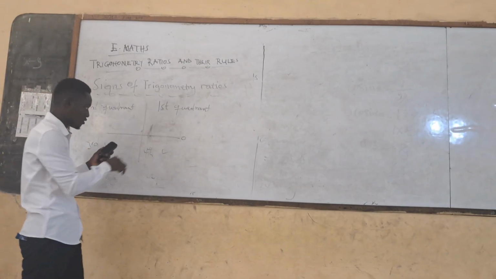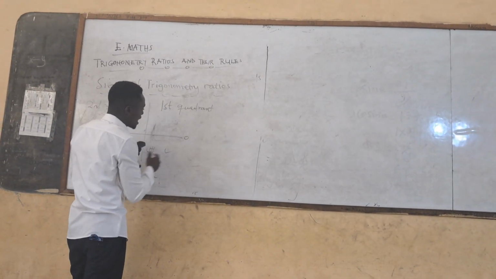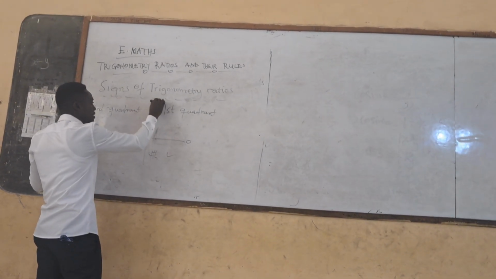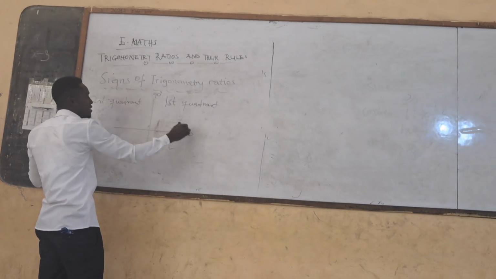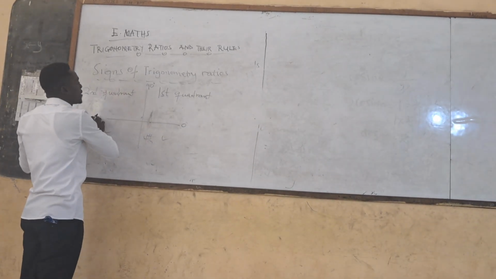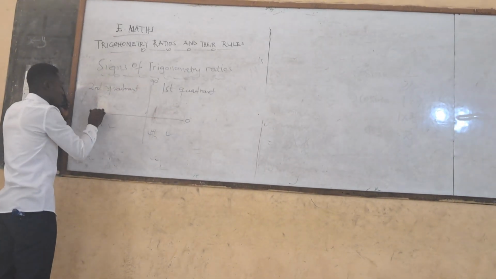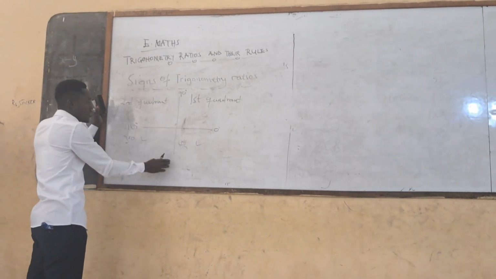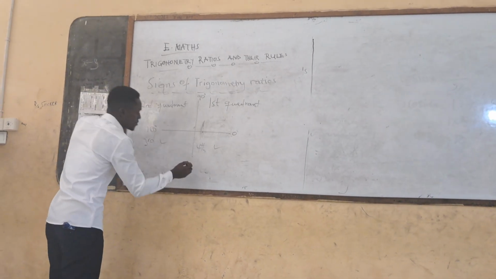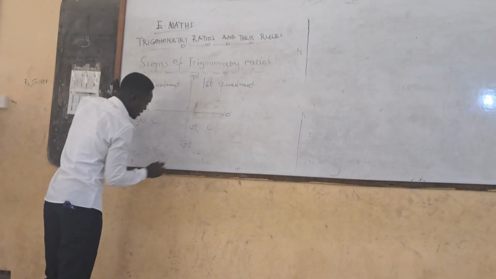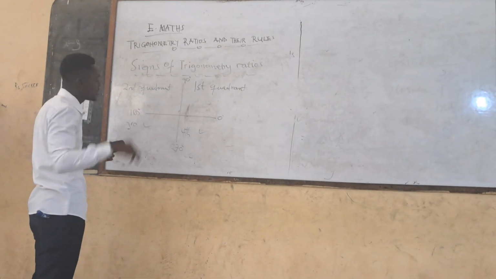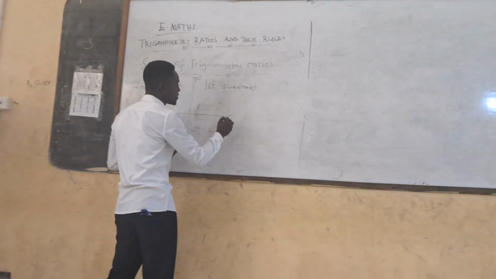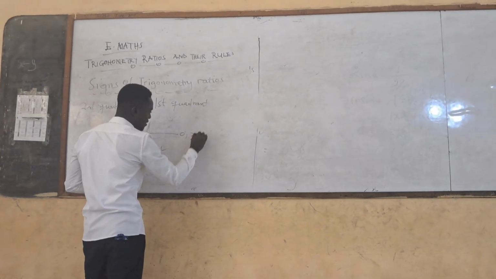To get to the next, I add another 90, which becomes 180 degrees. To get to the next, I add 90 again, which becomes 270 degrees. Then adding 90 again becomes 360 degrees.